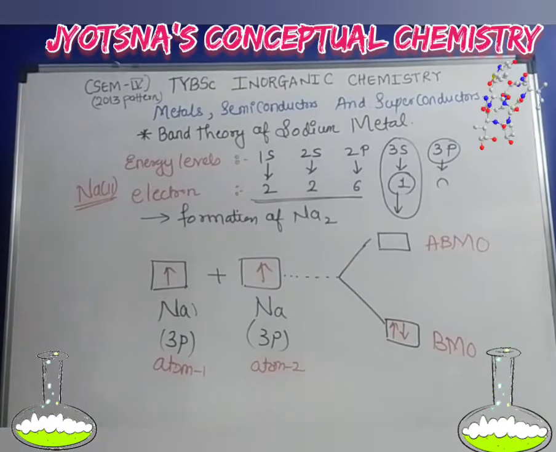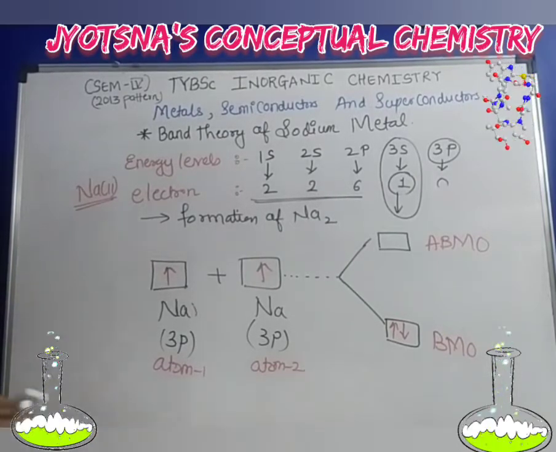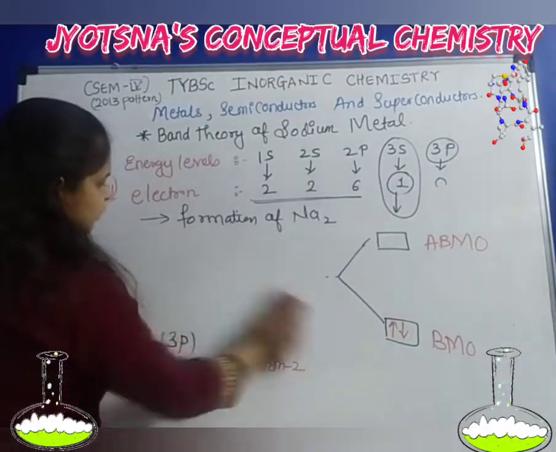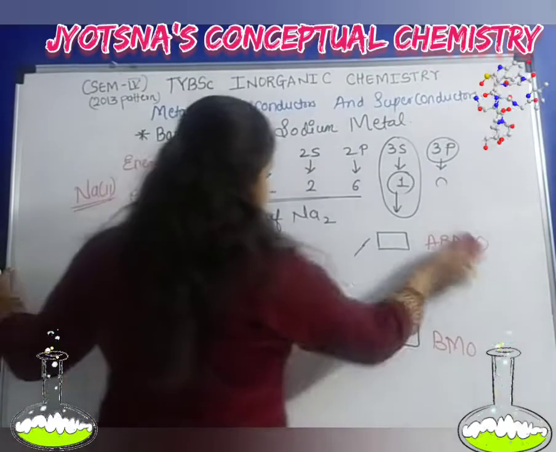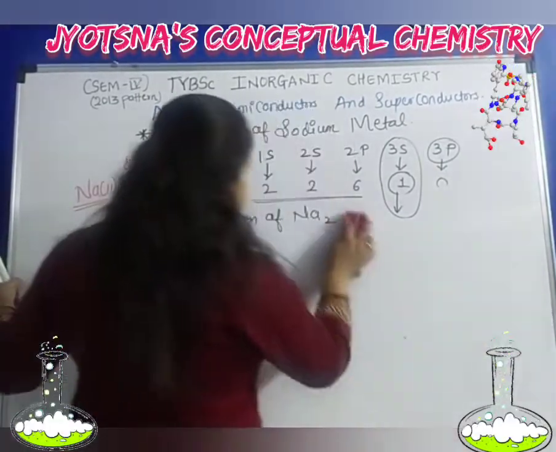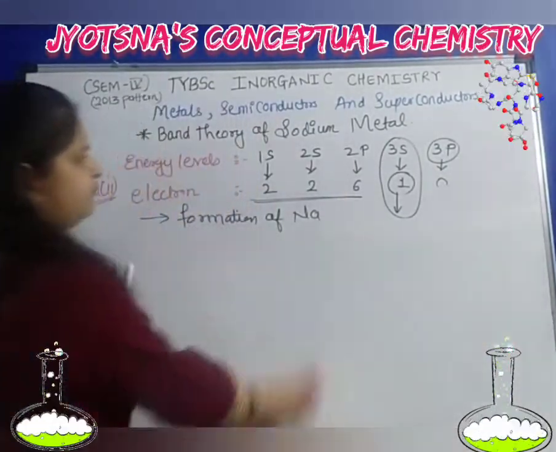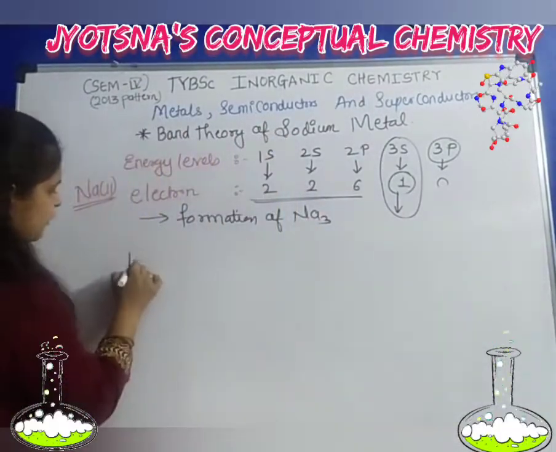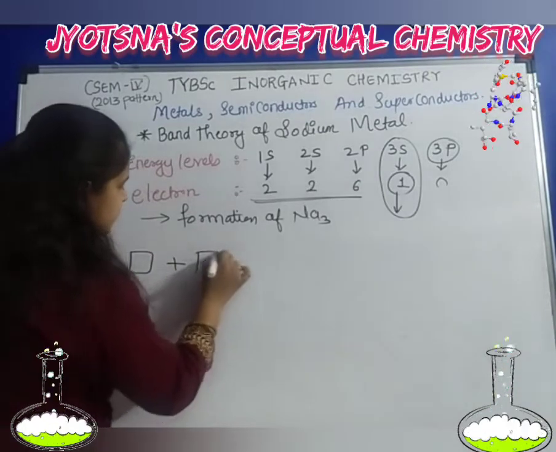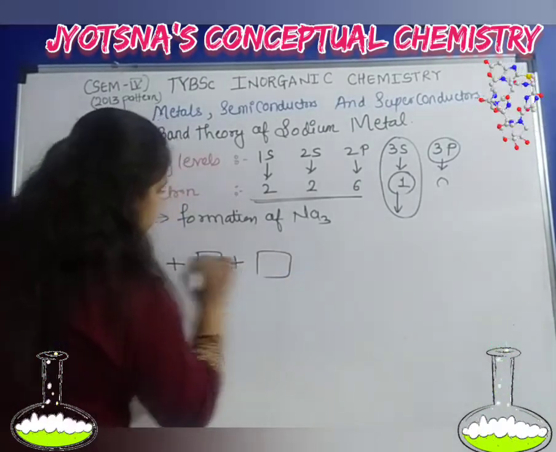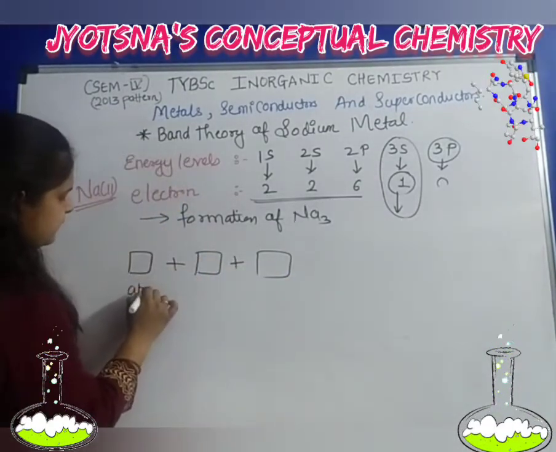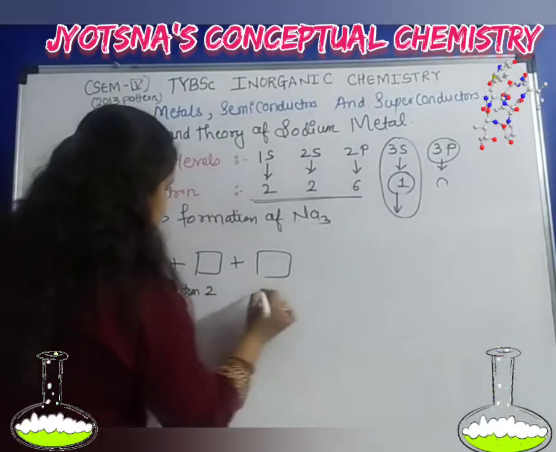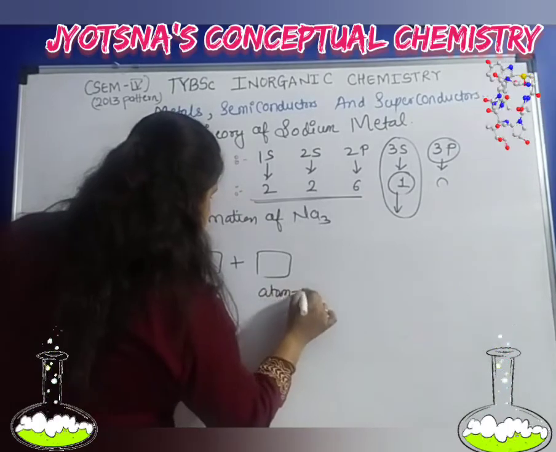Yes, now we will see the formation of the Na3 molecule. Now we will see how it is formed. Na3 means how many atoms are there? 3 atoms are there: atom 1, 2, atom 3.